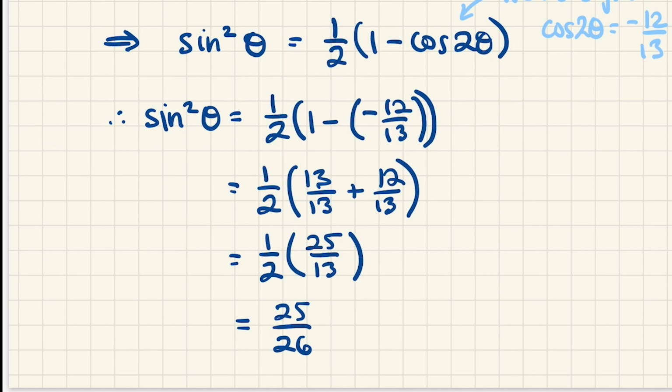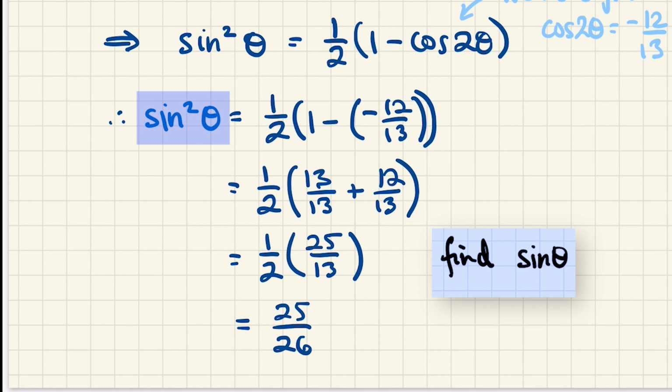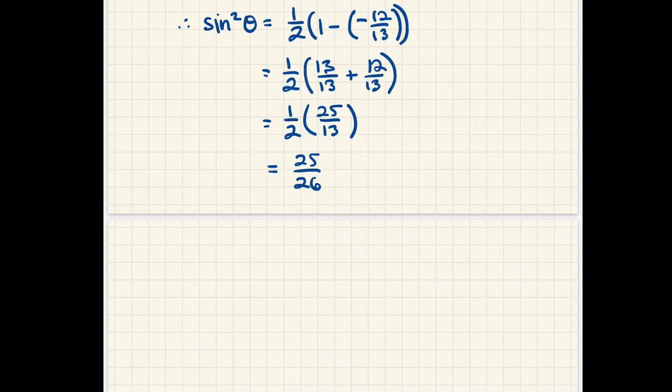All right, now the question asks us to find sine, and we found sine squared. So we just need to take the square roots. Let's choose whether we need the plus or minus here. Again, whenever we're the ones introducing a square root en route to solving a problem, we need that plus or minus until we can decide which one actually to choose.